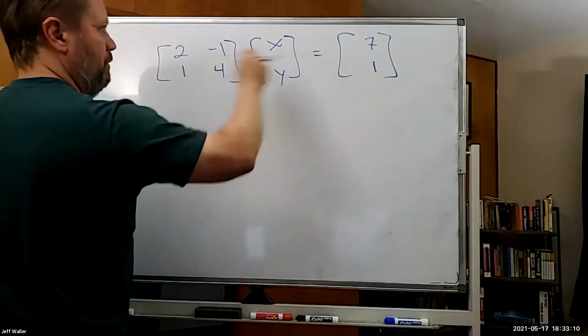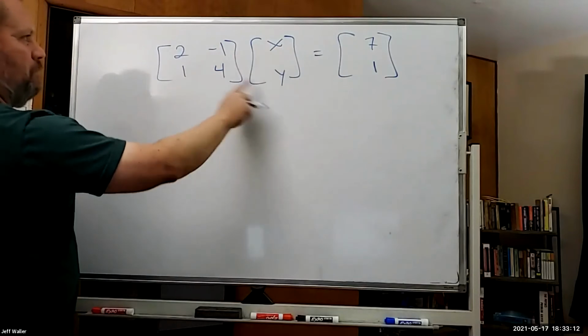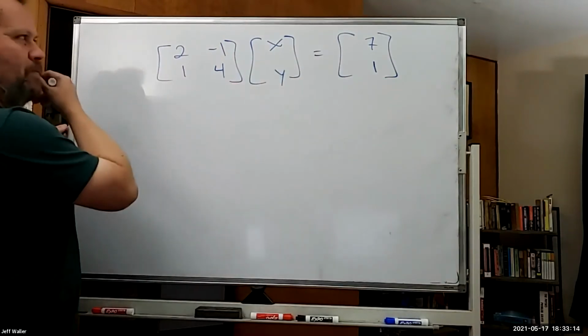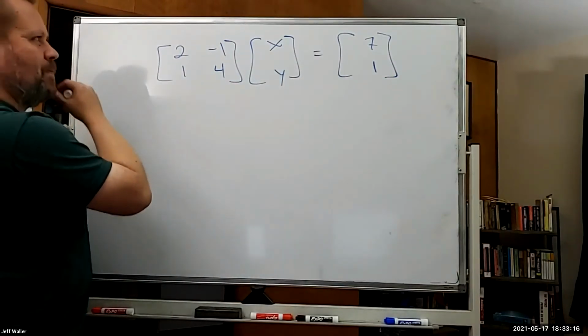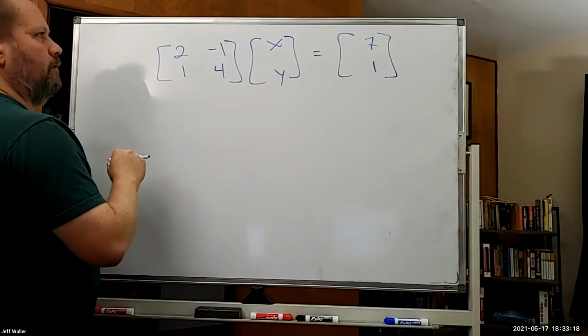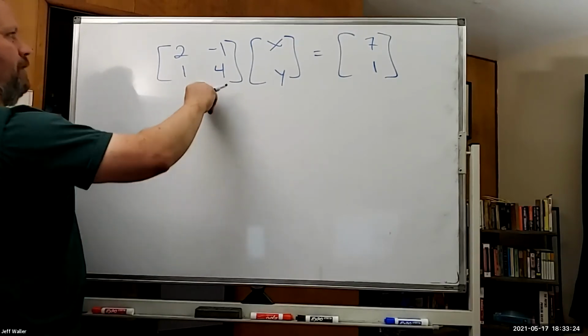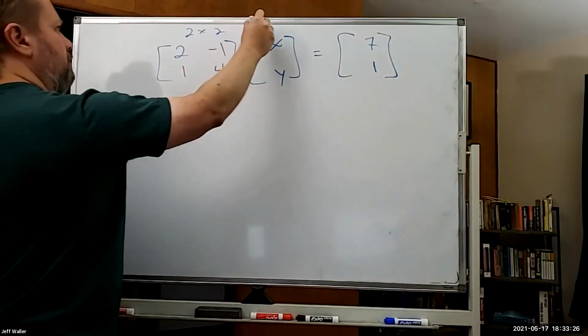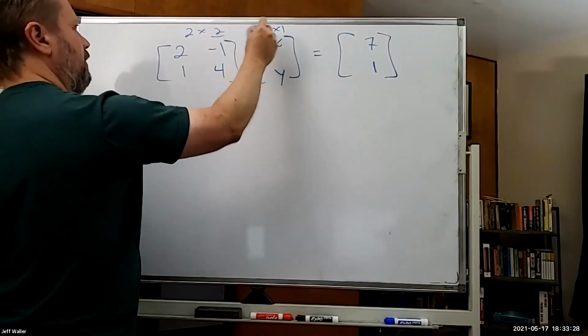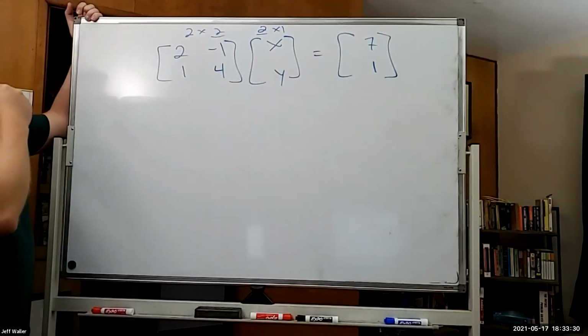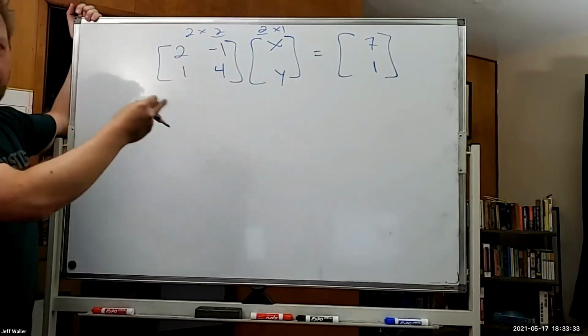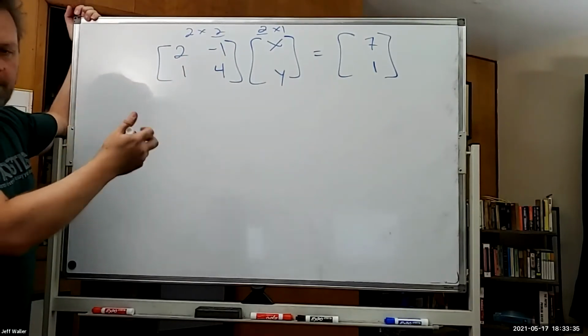All right, don't worry about the equals part yet. Can you multiply this side out? Aren't the dimensions wrong? Oh no, they aren't. This is 2 by 2, and this is 2 by 1. Now there are variables there, but they're not going to be like terms, so big deal.